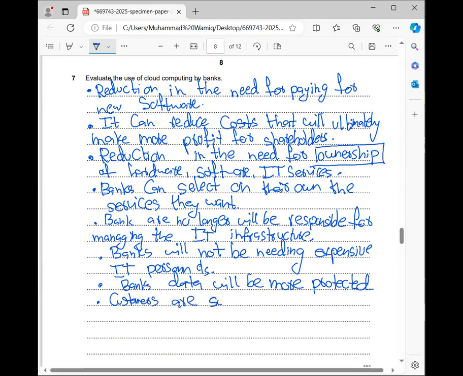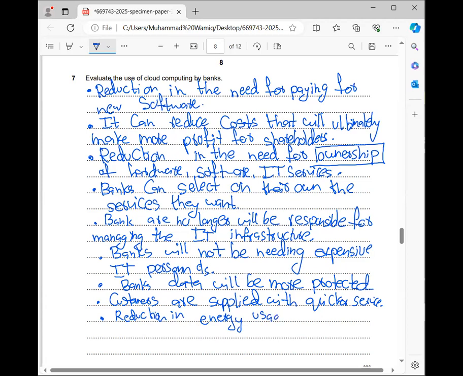Customers are supplied with quicker service as well. And there is certainly a reduction in energy usage as well.